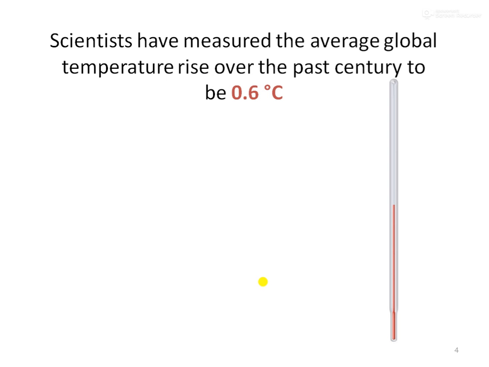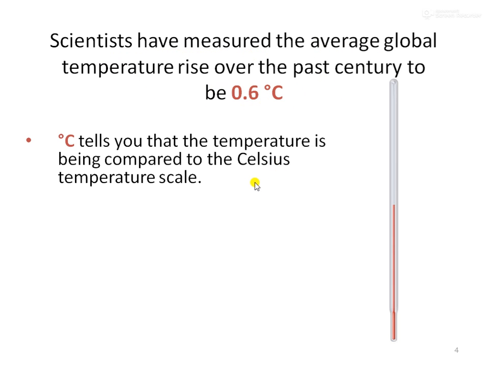Now we can take an example wherein we apply this idea. Scientists have measured the average global temperature rise over the past century to be 0.6 degree centigrade. In this measurement, degree centigrade tells us that the temperature is being measured. So the unit which we are using from the 7 fundamental units is the temperature one.